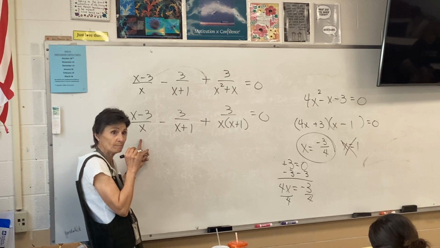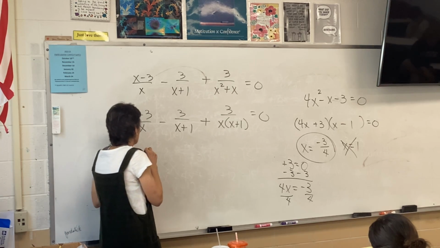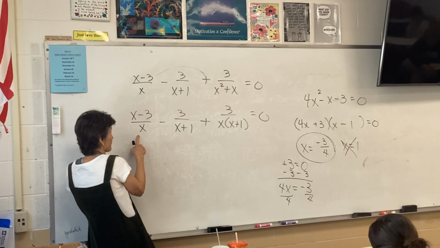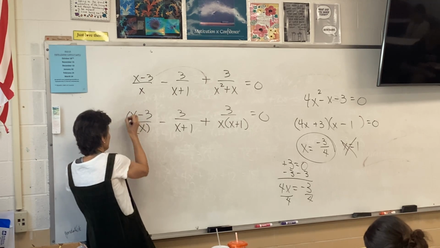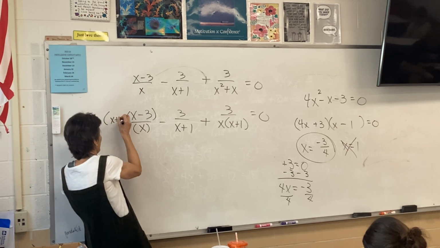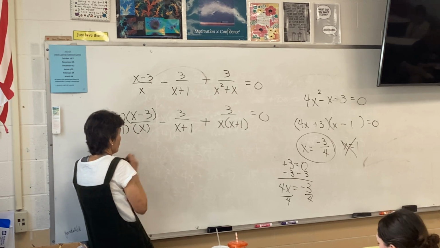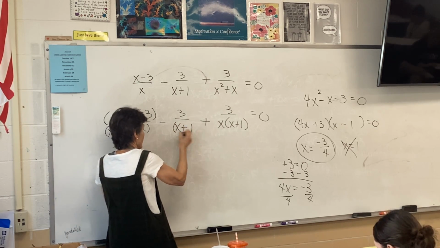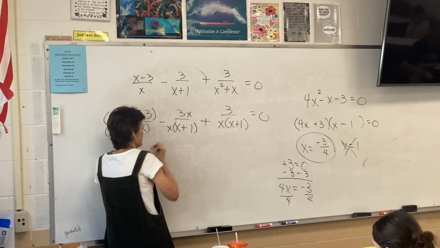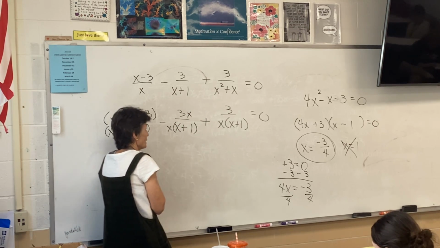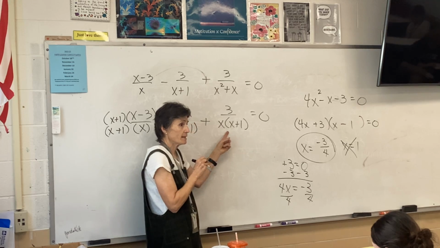That's gonna make it easy. What does this one need? X plus 1, top and bottom. What does this one need? X, top and bottom. That one doesn't need anything.